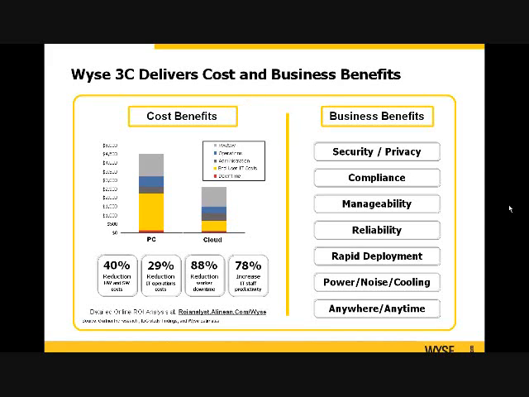What you see is that the daily costs of running IT drop pretty dramatically. And I've selected 4 key metrics here to share with you from this report. And the report is available from IDC or Wyse's website, so you can read the details of it. But what they found was about a 40% reduction in hardware and software costs. Part of that is because thin client devices generally cost somewhere between $200 and $400, and that's often less expensive than the PCs they replace.